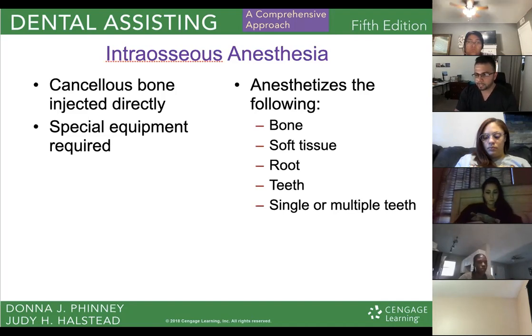It creates a little tunnel for the anesthetic to go through. Then we would just use a regular needle to push that anesthetic directly into the bone. This will anesthetize the bone, the soft tissues around the bone, and the roots of the teeth, and it can do either single teeth or multiple teeth.